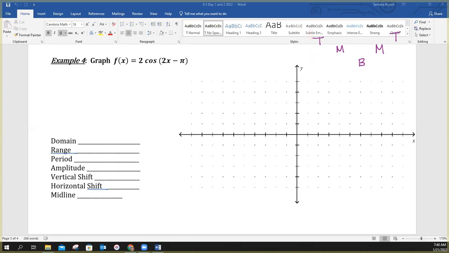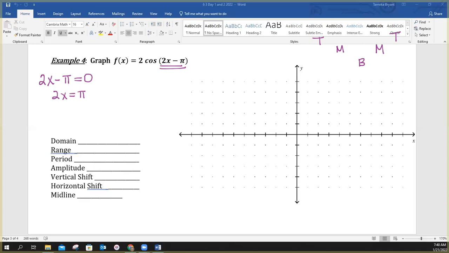Okay, so let's go ahead and look at this function here. So it says 2 times the cosine of 2x minus pi. So to figure out where to start your wave, you start by setting your parentheses equal to 0. So let's do that. Go ahead and solve that for x. So I'm going to add pi.